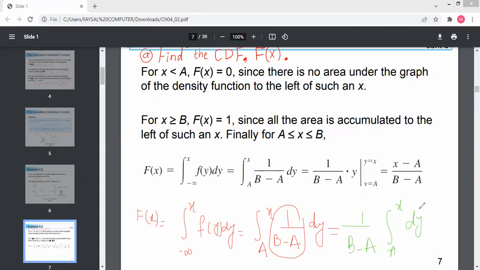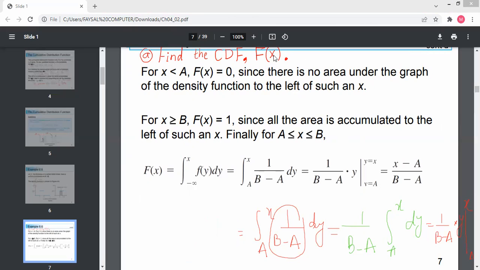So the integral of dy is, I have to write here again. It will be 1 upon b minus a with the value of this integral, that is y, having upper limit equals x and lower limit equals a. When applying this, I have to make some place, so I delete this.